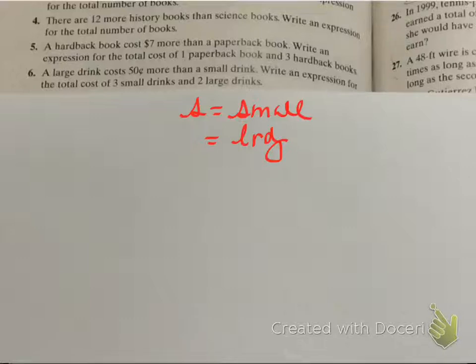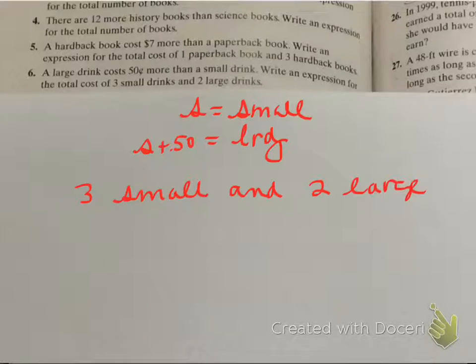Yael: S plus 50 cents, right? 0.5. Okay, so now I need to do 3 small drinks and 2 large.